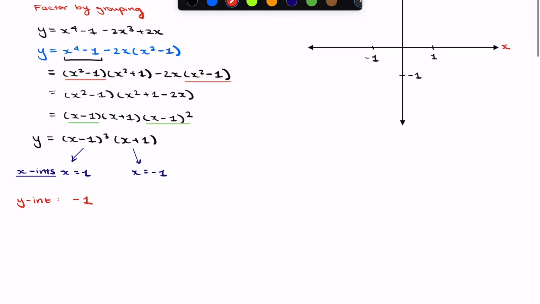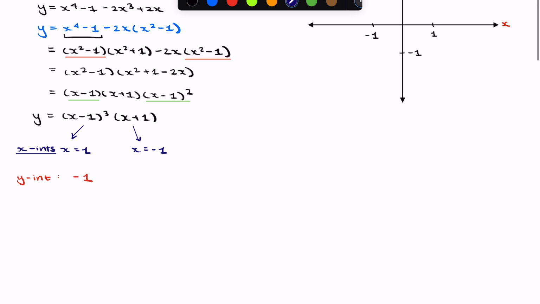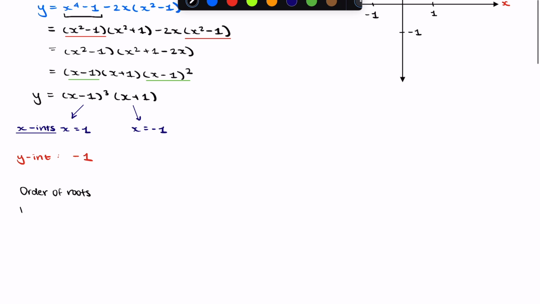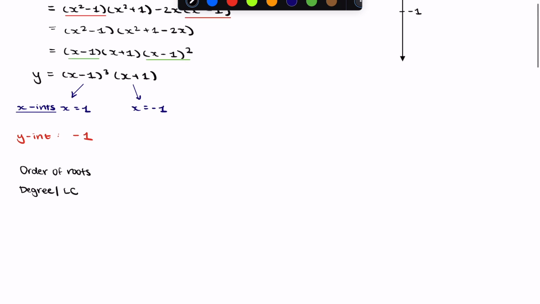There are a couple of important things to understand here. When we're looking at polynomial functions, the first is the order of roots. Second is the degree and leading coefficient. And then lastly is the end behavior.